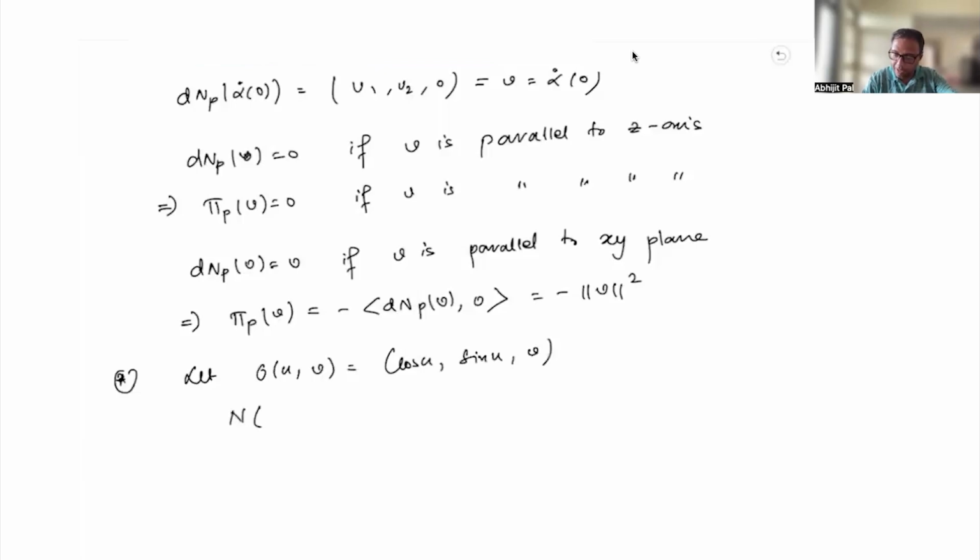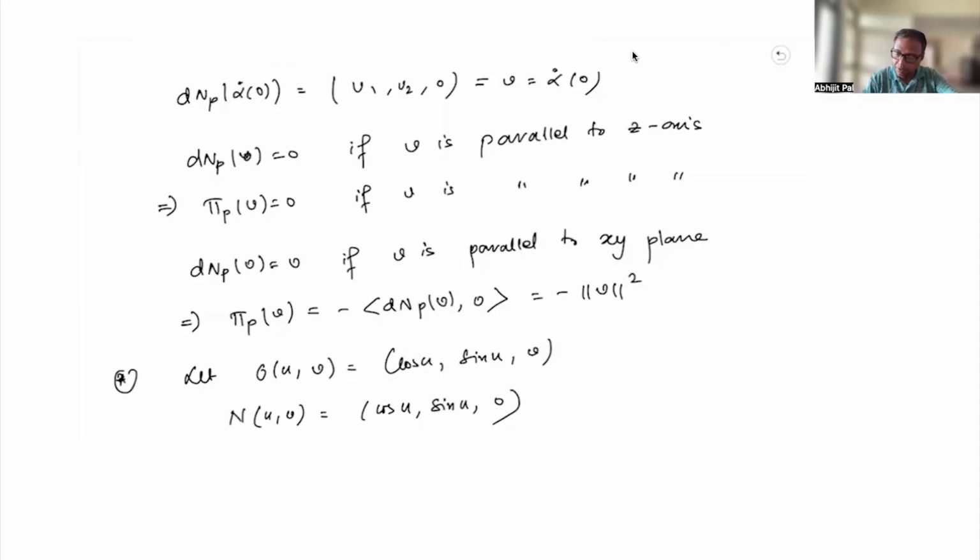And what will be the normal on sigma(u, v)? So N(u, v) will be equal to (cos u, sin u, 0).